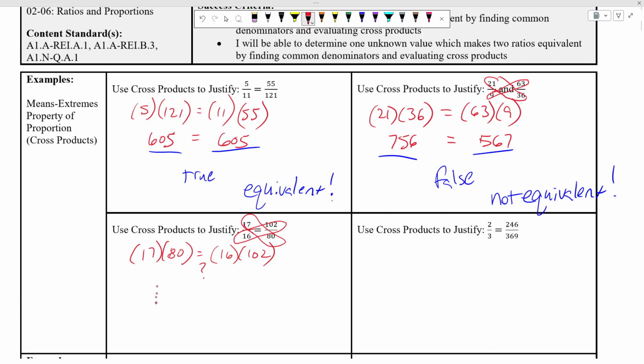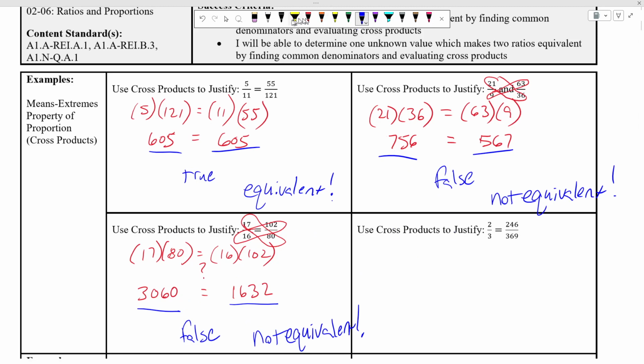Let's see. 17 times 80, I would end up with 1360. Wait, if I did 102 times 16, that would end up being 1632. Alarm bells, once again. Nothing further we can do. This is a false statement, guys. This is not a statement of truth. These are not equivalent. I am justifying this via cross products.